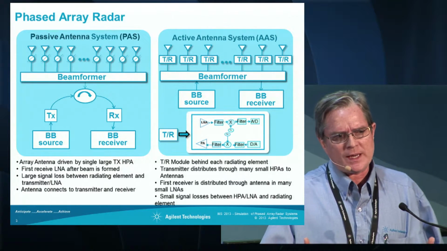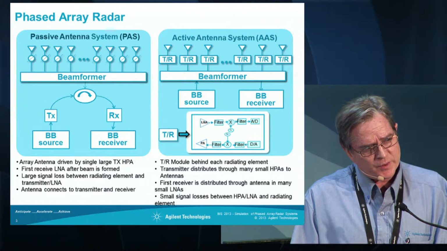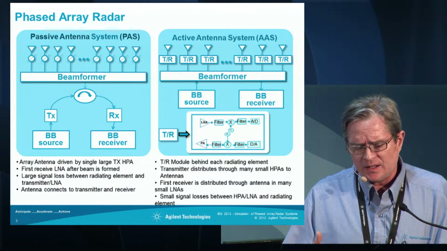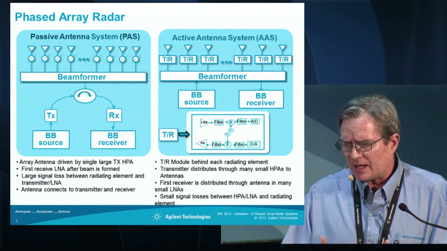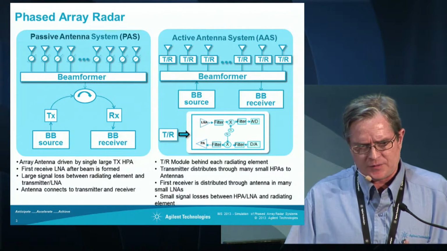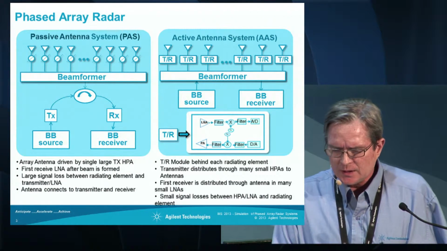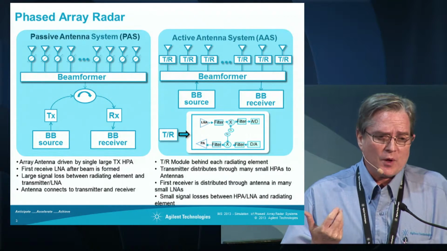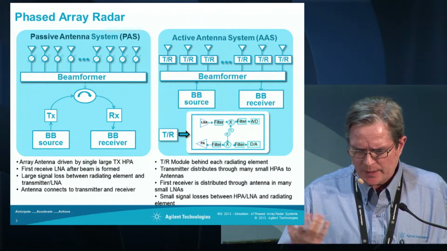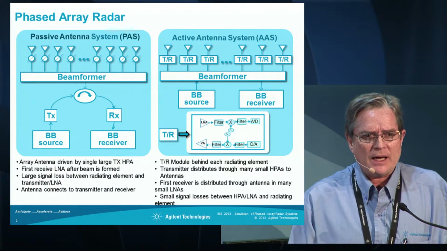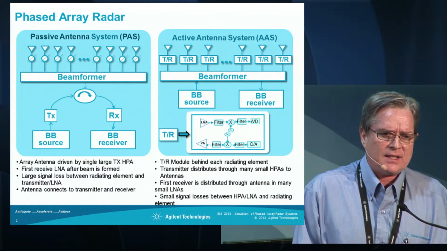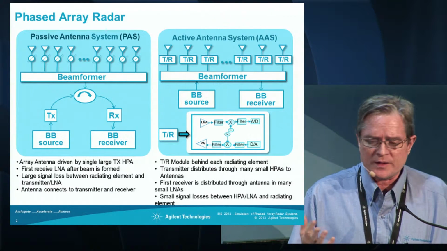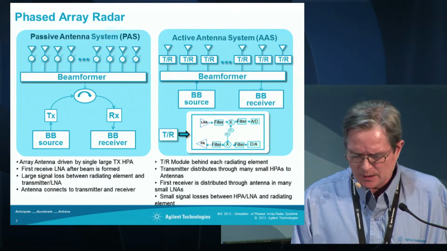And so what's the best way to balance out, you know, is there a way that we can use the same digital to analog converter for several different TR modules and so forth? Of course, the beamforming here in this case is all done at baseband, and so the output coming out of the TR module, this is the one on the right, the active antenna, is all baseband. So all these things can be done at a baseband level.